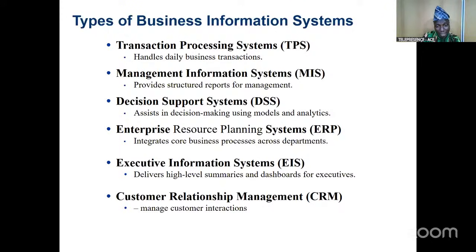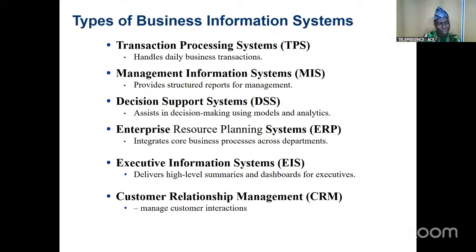The management information system that provides structured reports for managers. The decision support system that aids the managers, the company in making useful decisions based on the models and analysis that have been given.